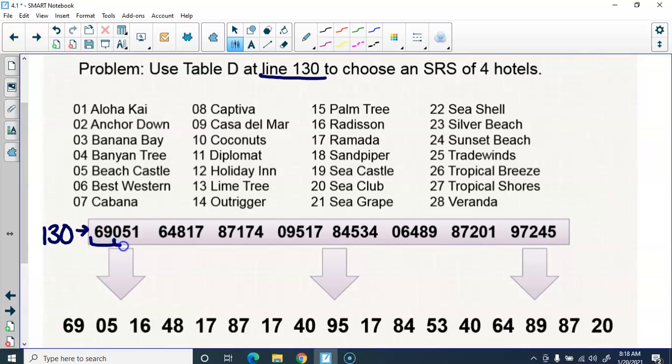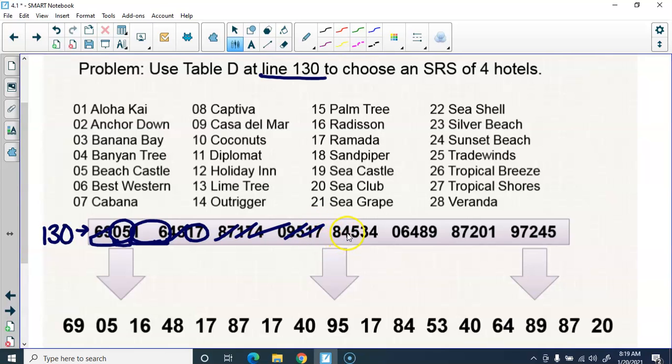So 69, 05, 16, and so on. You're going to look at groups of 2 like that. So we want to choose groups that are on our list. So 69 is too large. 5 is not too large. We can choose 5. 16 is also available. 48 is too big. 17 we can choose. 87 is too big. 17 again, I'm not going to choose the same number twice, so we have to cross that out. 40 is too big. 95, there's 17 again.